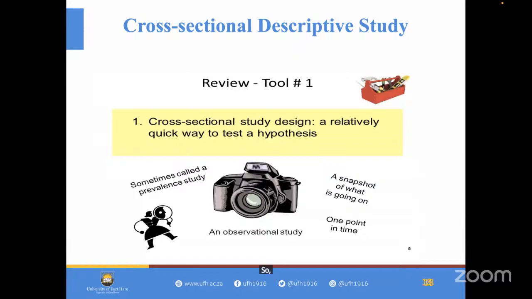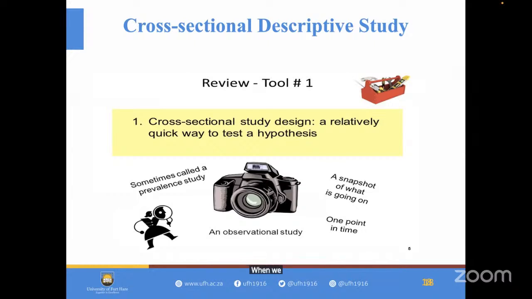So a cross-sectional descriptive study, or even an observational cross-sectional study, is something that I usually call a snapshot study. The reason for calling this a snapshot study is because you collect both the exposure and the outcome at the same time. So let me break this down again.